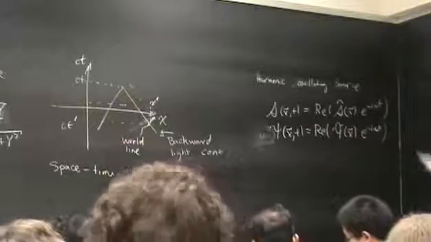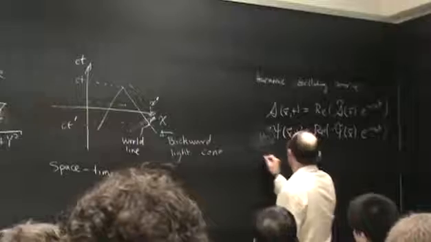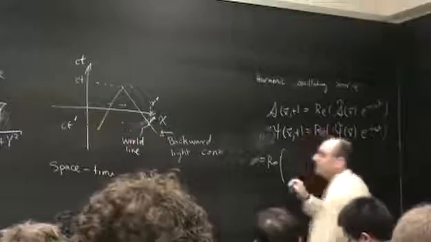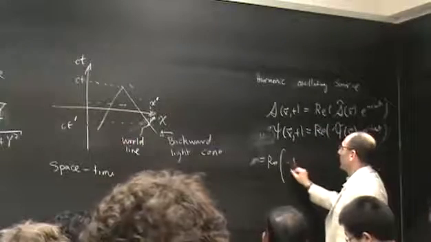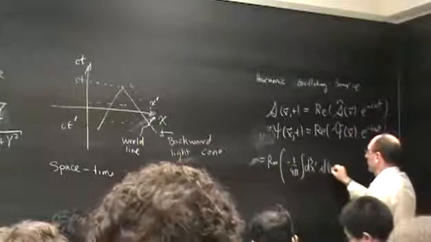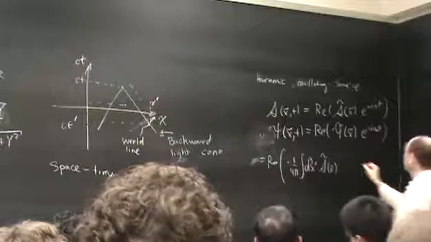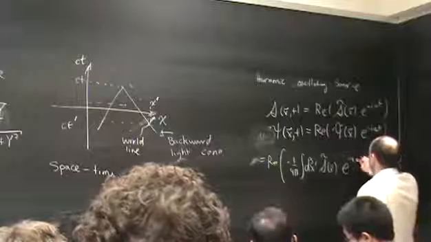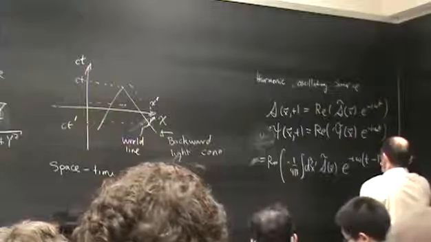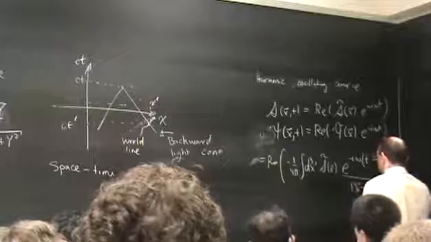So I can now plug this source into this problem. This is equal to the real part of minus 1 over 4 pi, the integral over all space of the source complex amplitude at that position, times e to the minus i omega times the retarded time, where the retarded time is t minus the magnitude of x minus x prime over c, divided by the magnitude of x minus x prime.